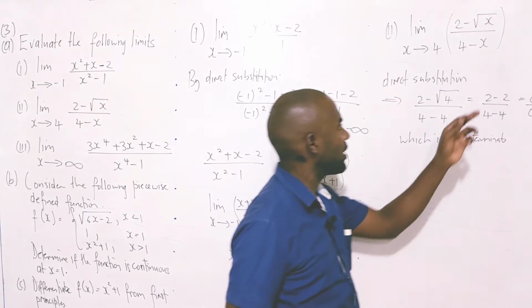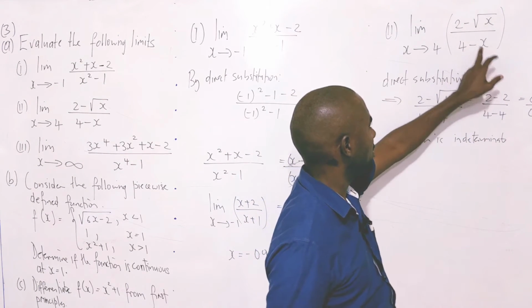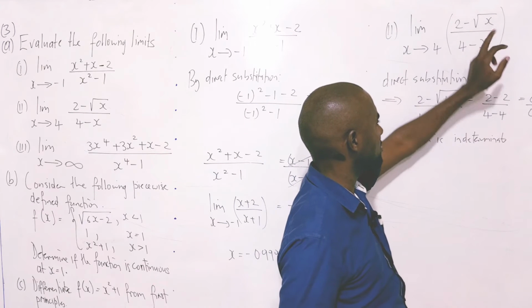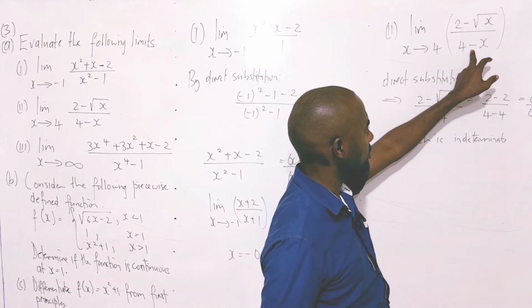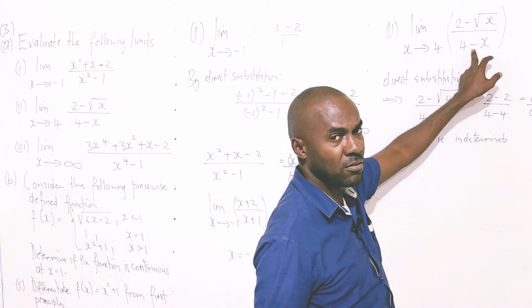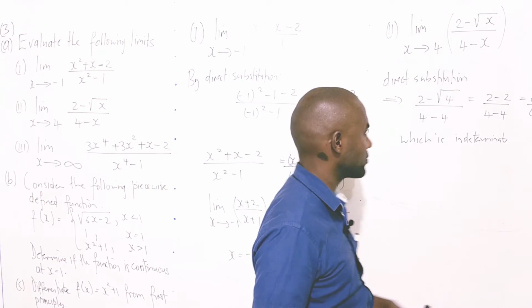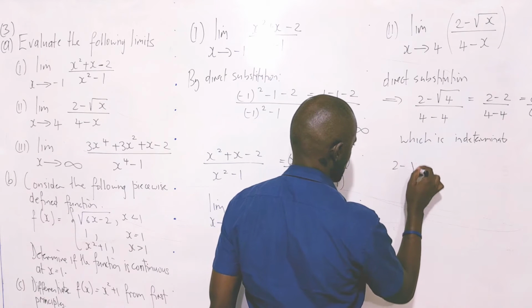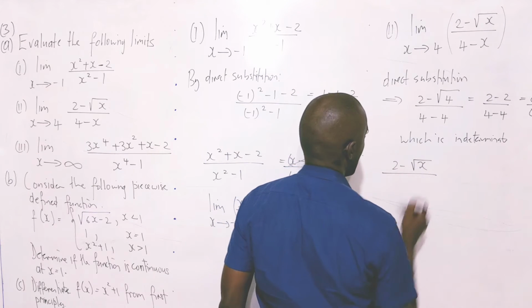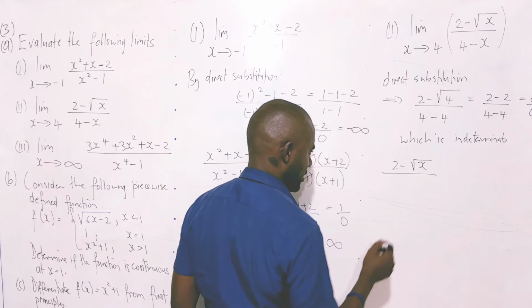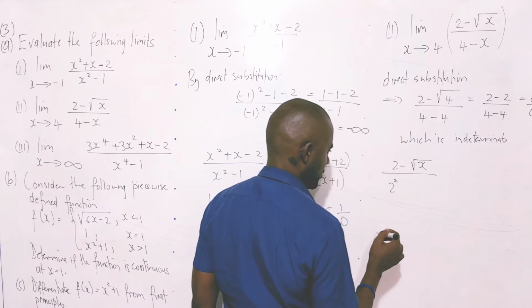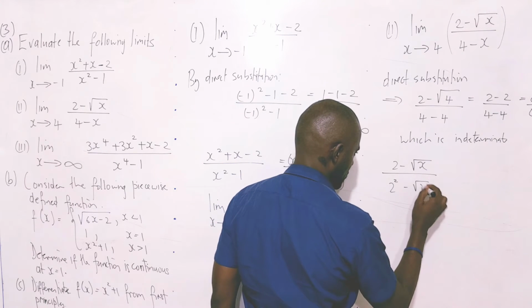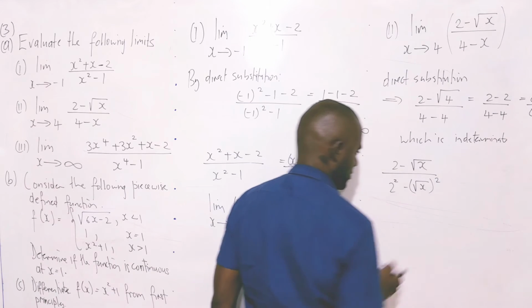However, if we examine 4 minus x carefully and compare to 2 minus root x, we'll also see that this can be considered to be the difference of 2 squares. So what we get is this: 2 minus root x all over, if you write it like this, 2 squared minus root x squared.